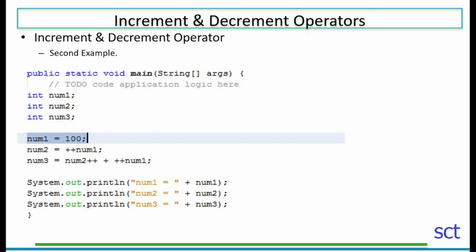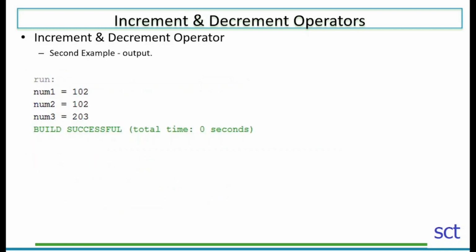Okay. So the output is going to be a different value here. It is not going to be the same. Okay. So the value is going to be like this. The output is going to be 102, and number1 is going to be 102, number2 is going to be 103, and number3 is going to be 203. Okay. So here the output is going to be slightly different.